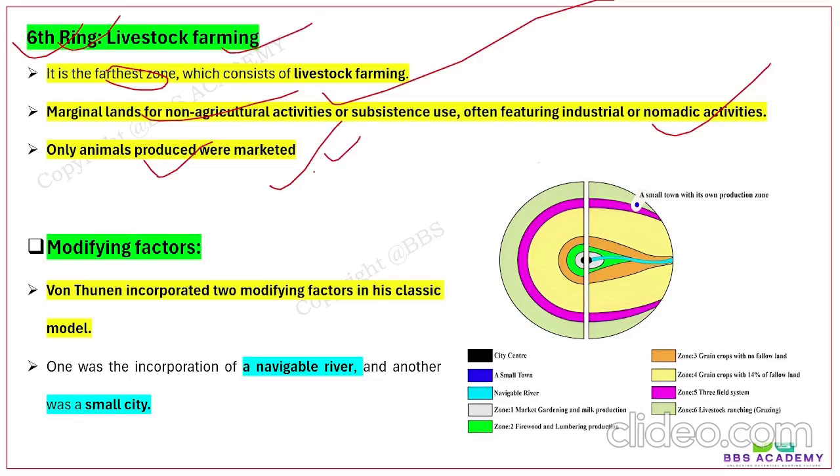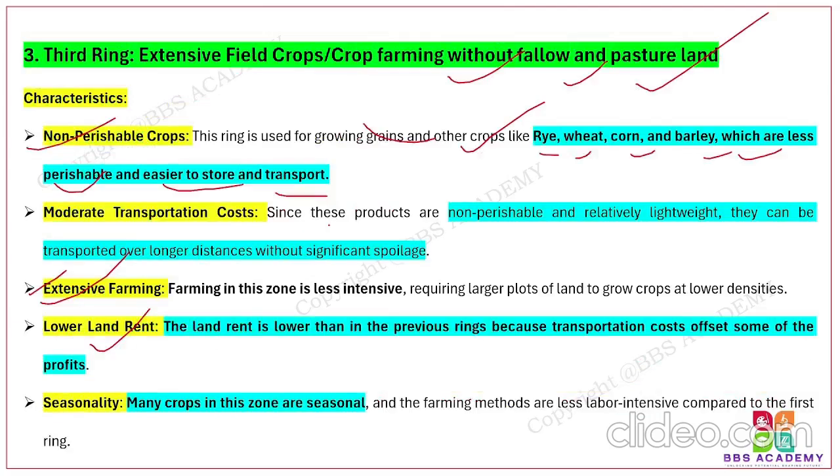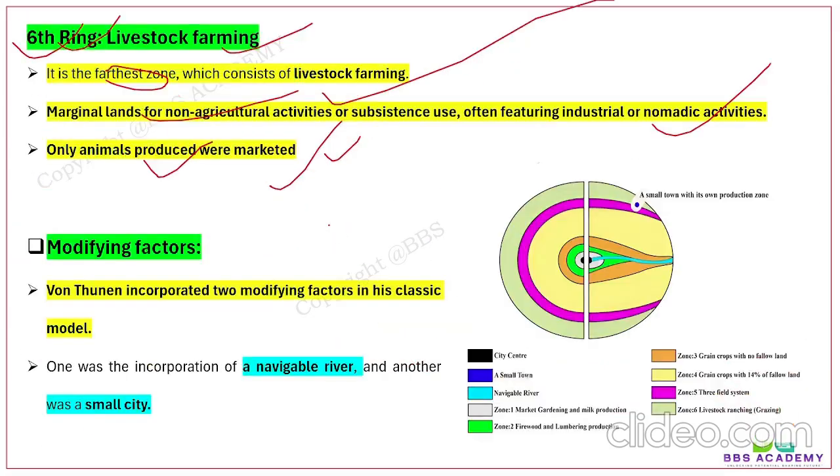So these are the characteristics of the six distinct zones of the agricultural location theory of von Thunen. After some years, von Thunen modified this theory. Von Thunen incorporated two modifying factors: one is the navigable river, and another is the small city region. So here is the graph.